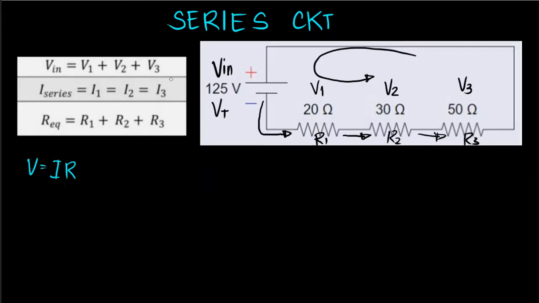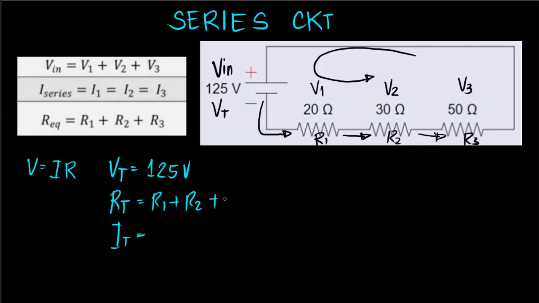So far, what is our given? We know VT is 125 volts. We do not know RT, and we do not know IT. But it is easy to find RT, because in our series circuit, RT is just R1 plus R2 plus R3.